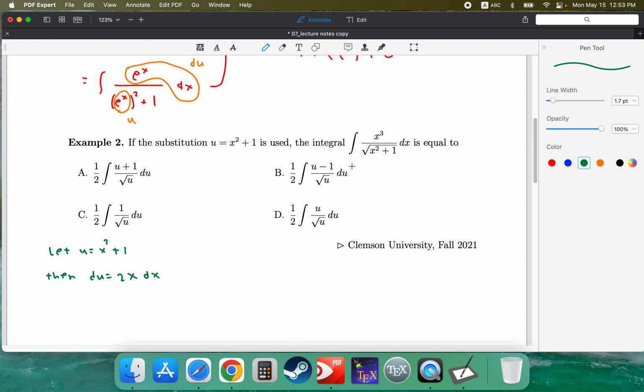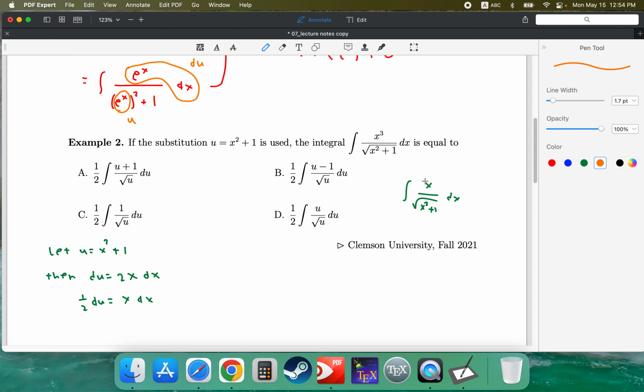So that means right here we will be able to, oh wait a second, we have x cubed on top. Let's say we have a different problem. Let's say we have x over the square root of x squared plus 1. Then x dx can be written as 1/2 du.